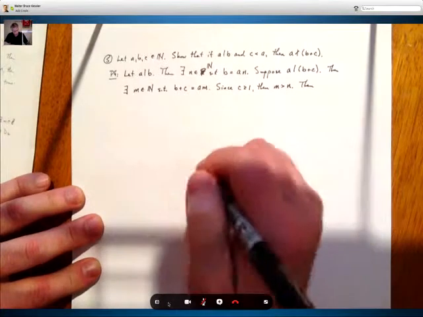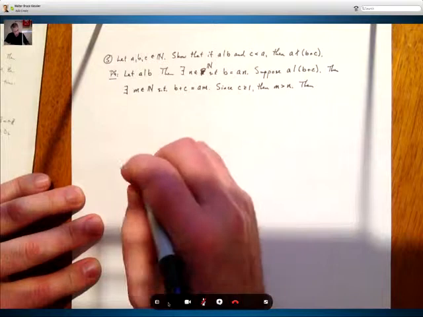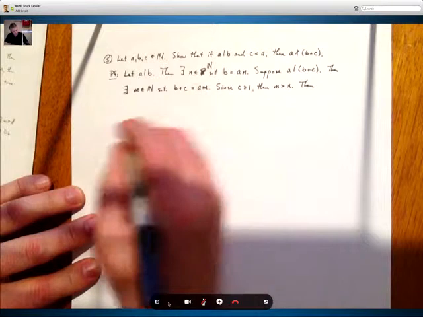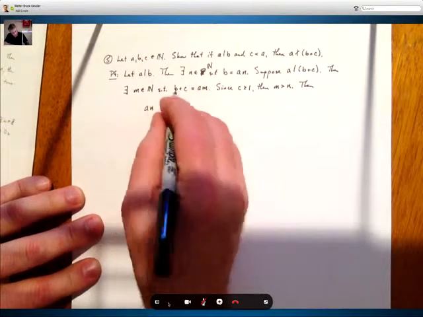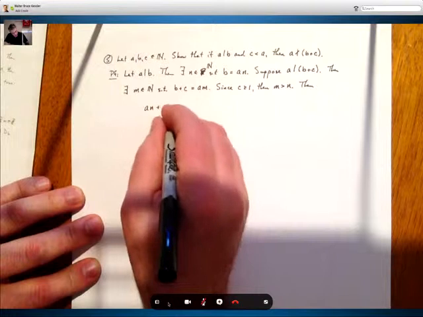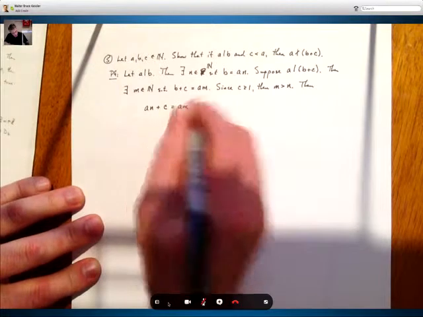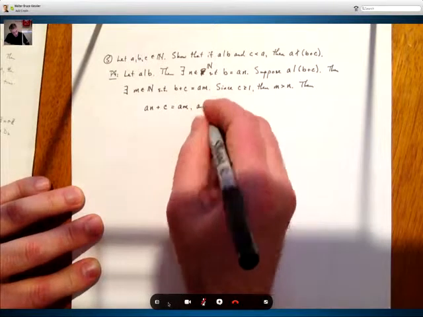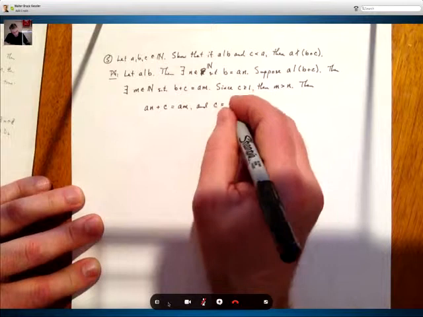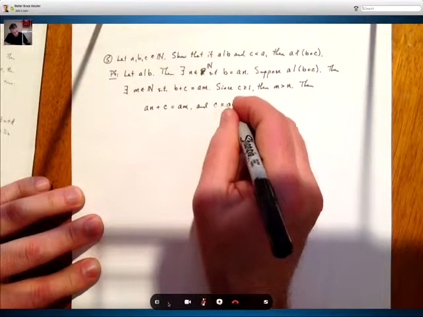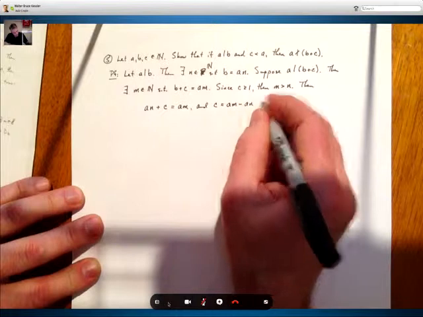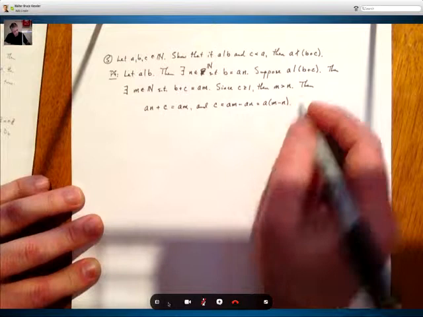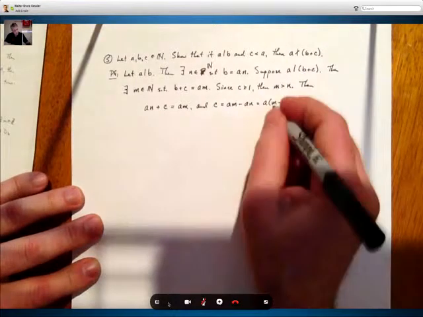All right, then let's look at what happens with C. I've got this and I've got B up here. So then AN, this is my B, plus C equals AM. And that means then that C is equal to AM minus AN, or A times the quantity M minus N. Okay?